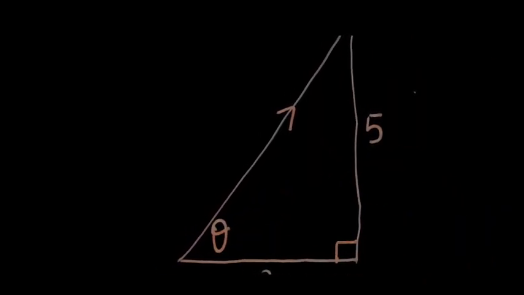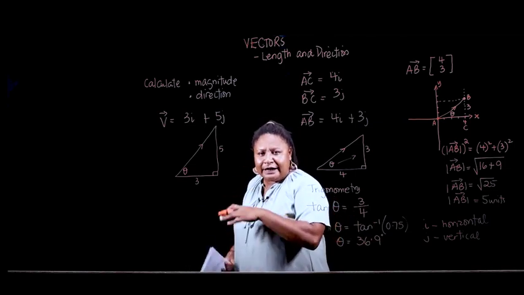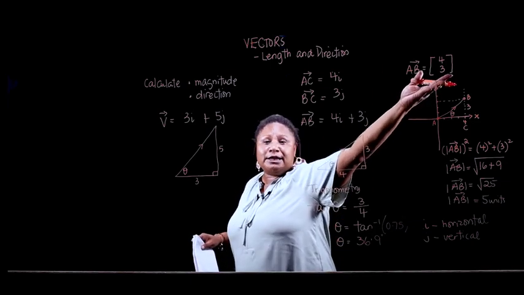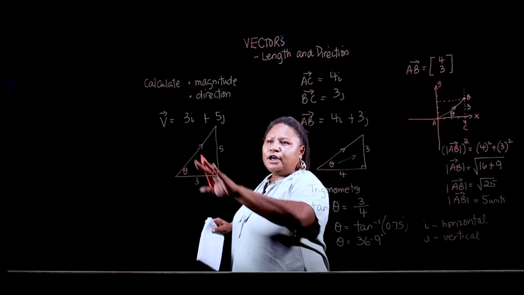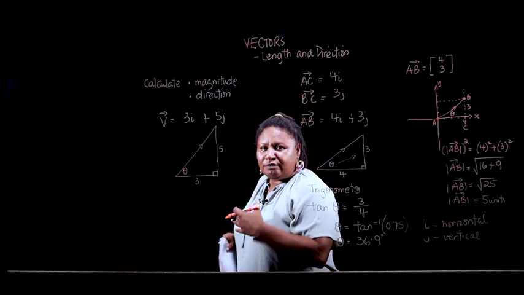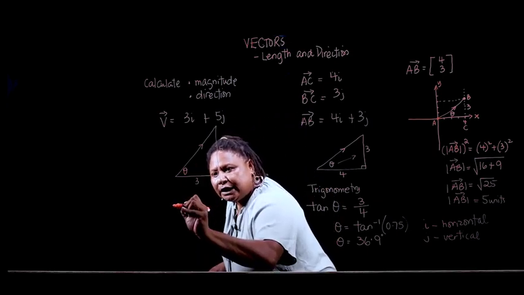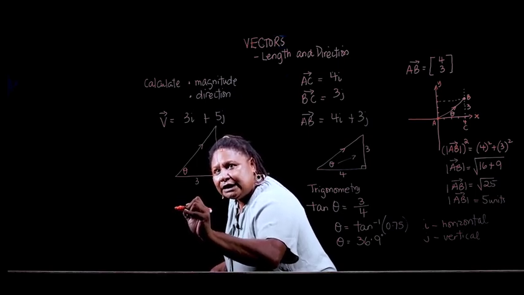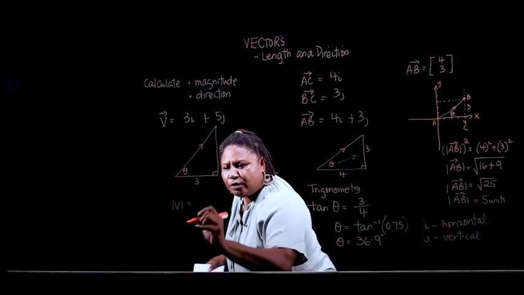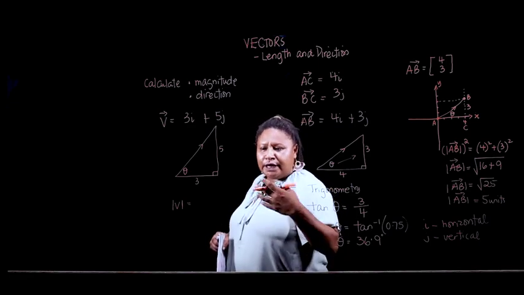So we're going to do exactly what we did here. The important thing here is that to find the direction and the magnitude, you can be given the vector in terms of the x and y components, or in terms of the unit vectors. So let's see what the length of this vector is. This is vector V. Remember we use these lines here to indicate that we are looking for the magnitude or length.